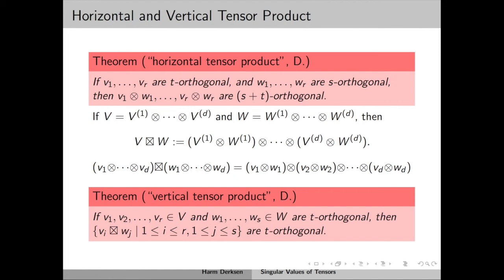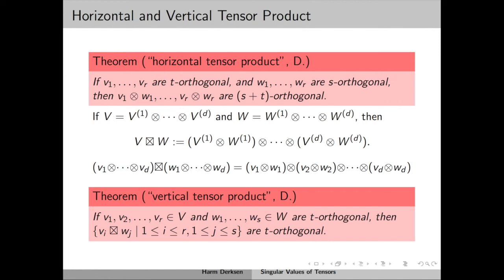Then there's also something I call the vertical tensor product. So if you have a vector space that's a tensor product of these spaces, and another vector space is also a tensor product of these spaces, then we can form the tensor product, but we can group V1 together with W1 and so on. So again, this tensor product of V and W, we think of it as a tensor product of these spaces again.